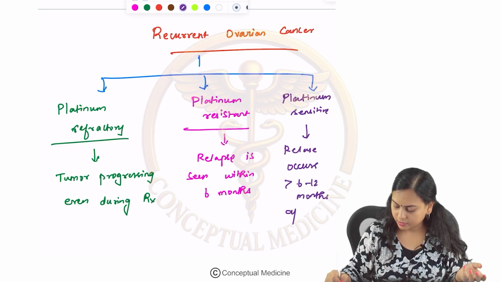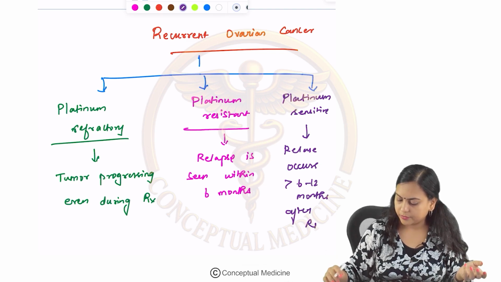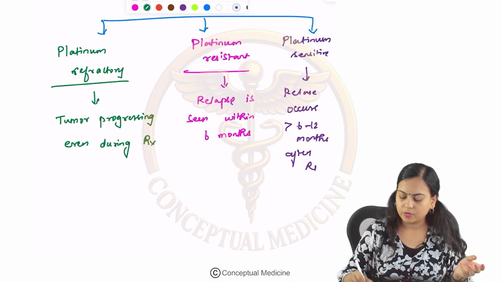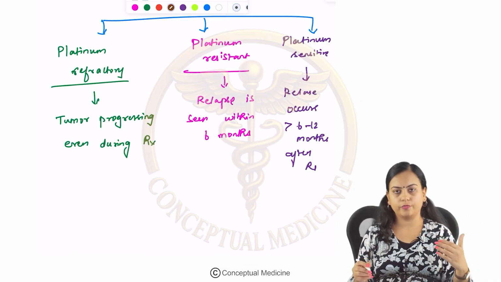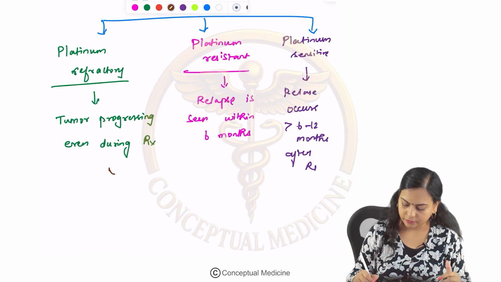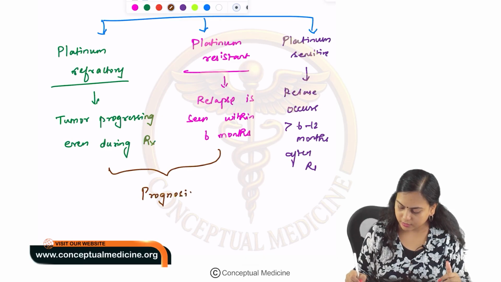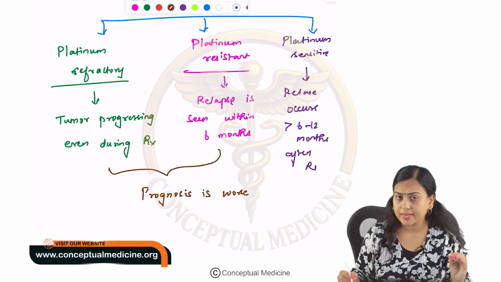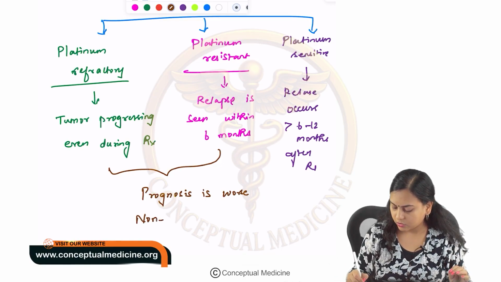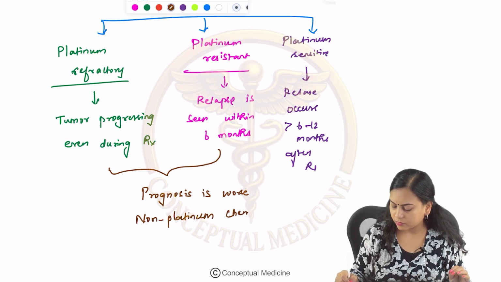Okay. After treatment. So what will you do as a treatment part? What will you do when the relapse is happening? For the first 2 types, you should know the prognosis is worse. Okay, you can try non-platinum chemo.